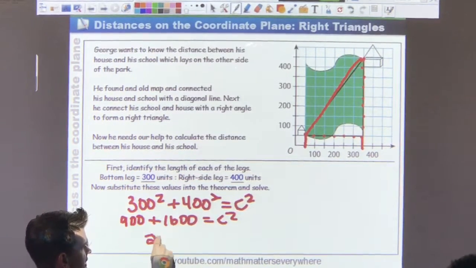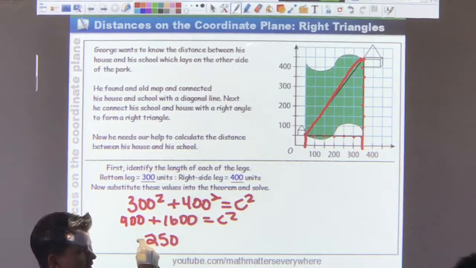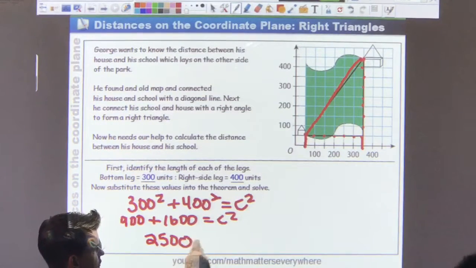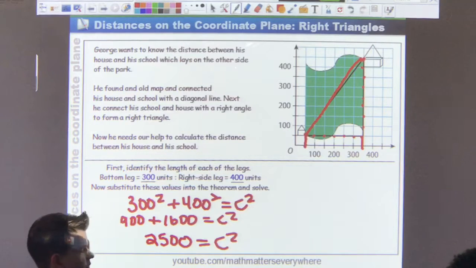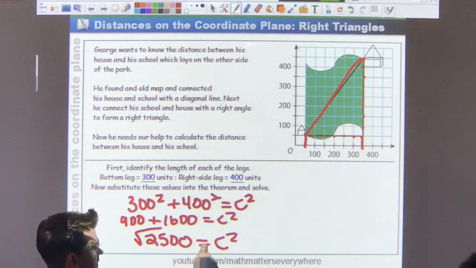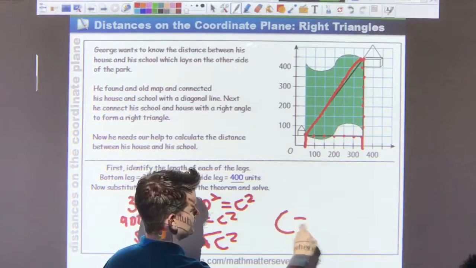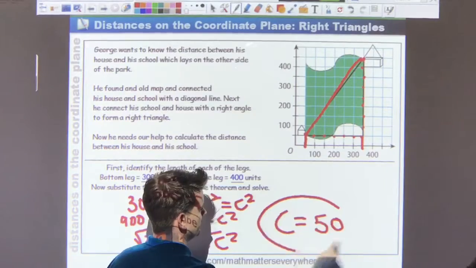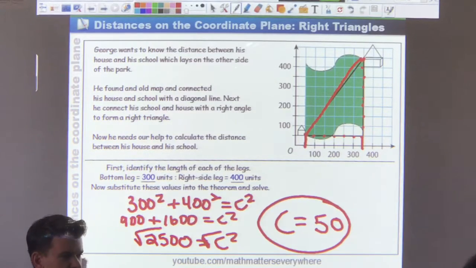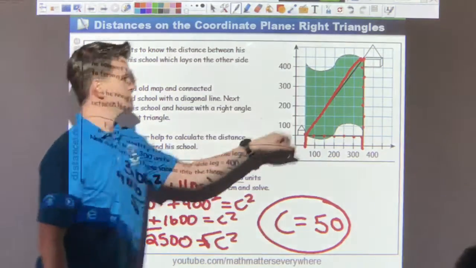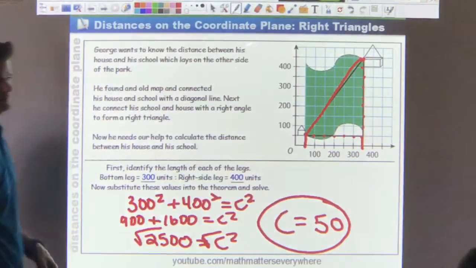I add these together. This is just a much bigger version of 3 plus 4 equals 5. Watch this. We take the square root of both sides. What's the square root of 2500? 50. It's a rational number. So c is equal to 50. I don't use the wavy equal sign because it is exactly 50 units long. So from here to here is 50 units.